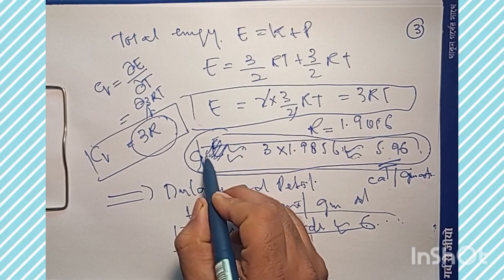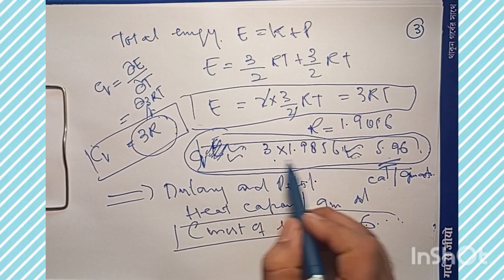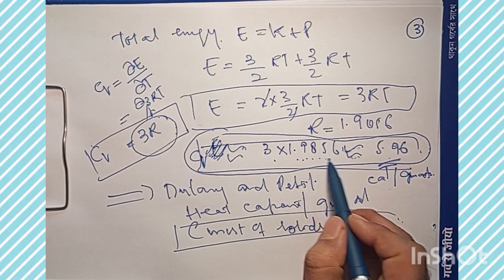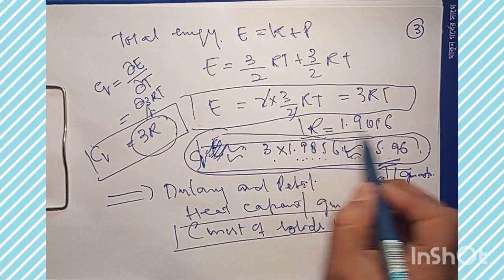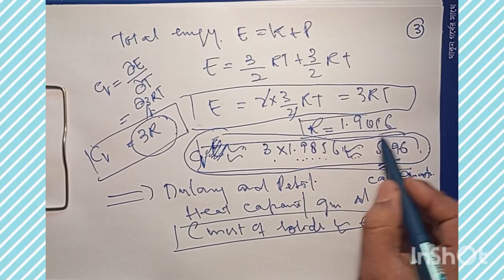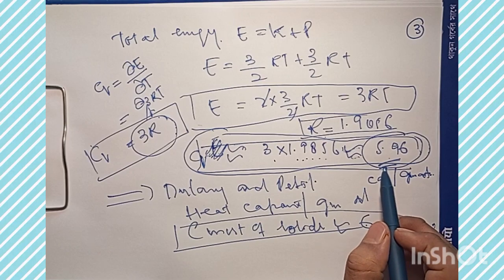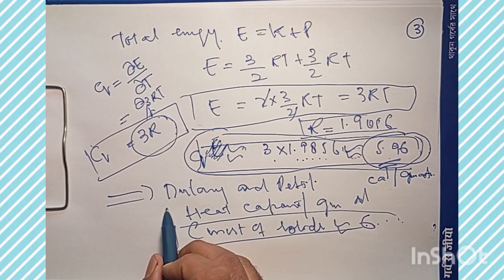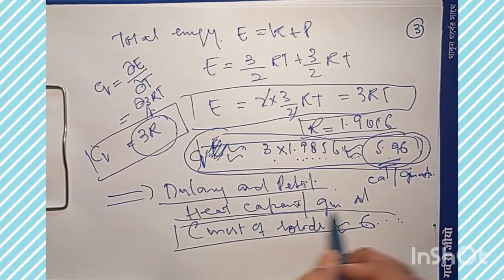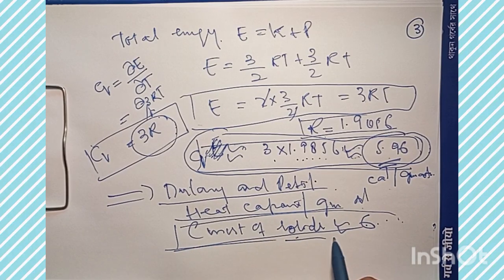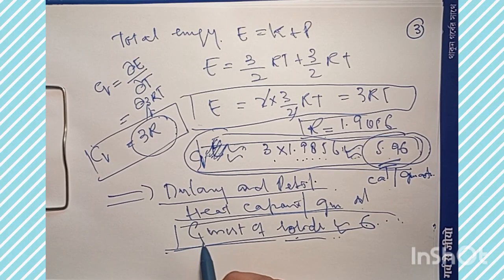Okay, so CV is 3 times 1.9856. This 1.9856 is the gas constant. So the value that we obtain here is 5.96. And the law that was proposed by Dulong and Petit predicted that this CV, the specific heat at constant volume, for most of the solids is nearly equal to 6.